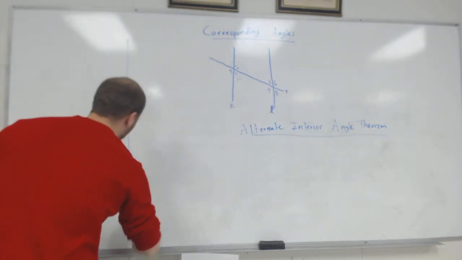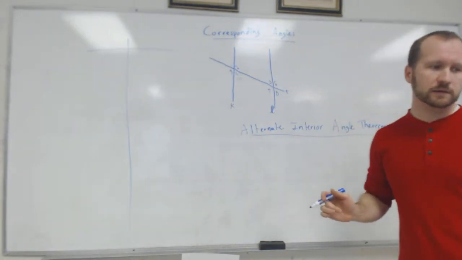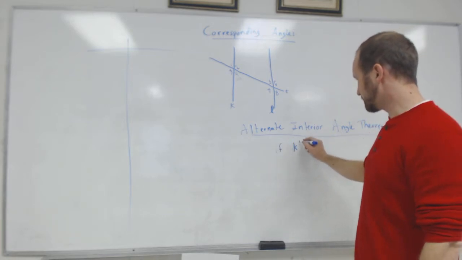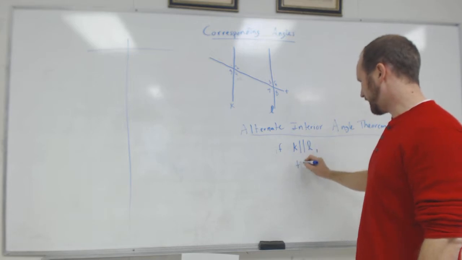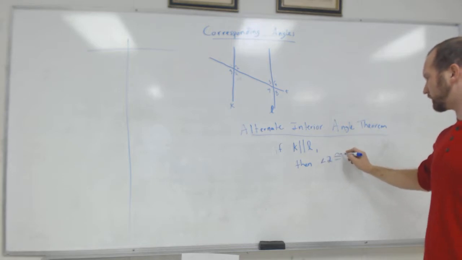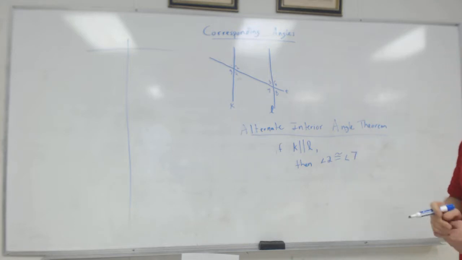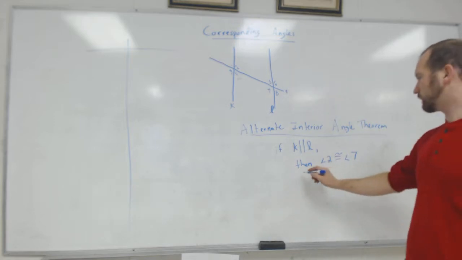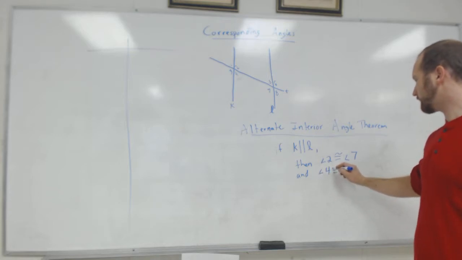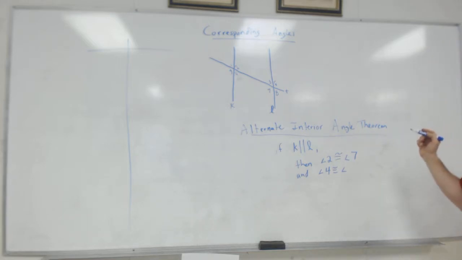The alternate interior angle theorem says that we're going to use the same diagram, if K is parallel to L, then angle 2 should be congruent to angle 7. And actually, angle 4 is congruent to angle, which one do you think? No, 5.